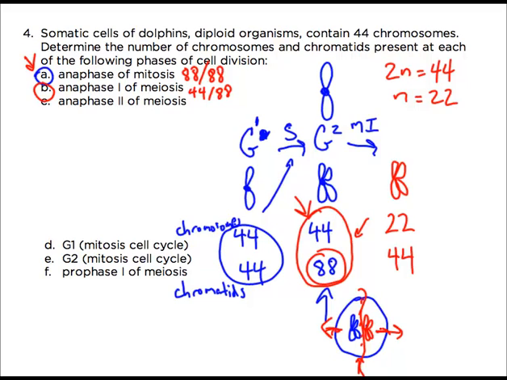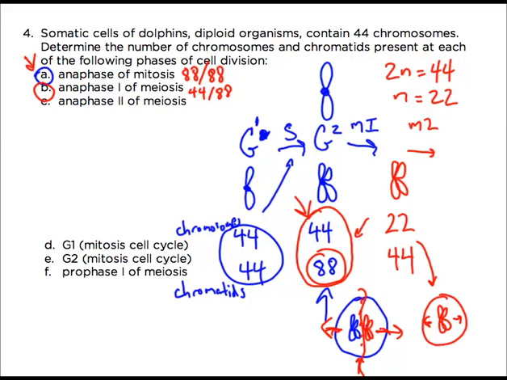Okay? But then they're going to ask us about meiosis 2, so let's keep going. What happens during meiosis 2? Well, let's start with a cell that now we know is one member of a homologous pair. We just said this cell has 22 chromosomes in it, and there are 44 total chromatids because each chromosome consists of two chromatids. Now, I don't know if you've heard it said, but meiosis 2 is much more mechanically like mitosis.